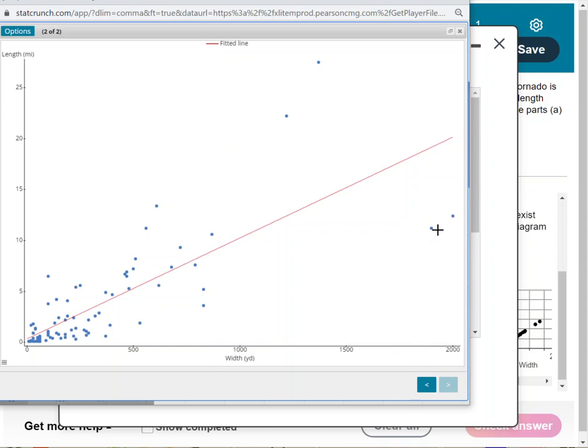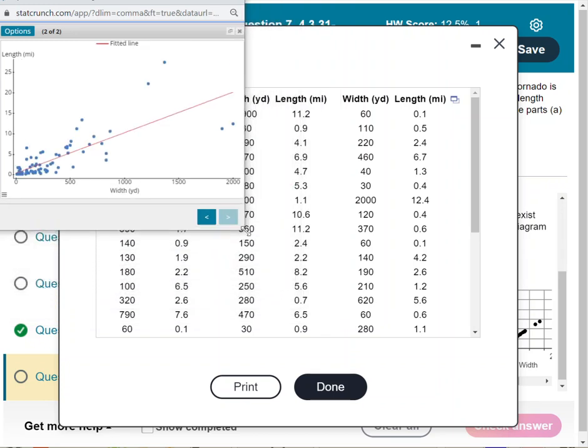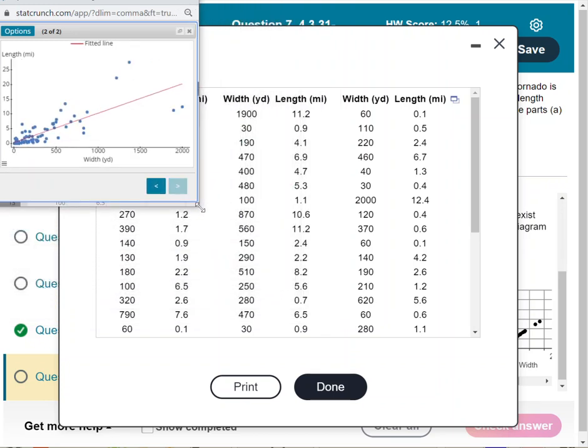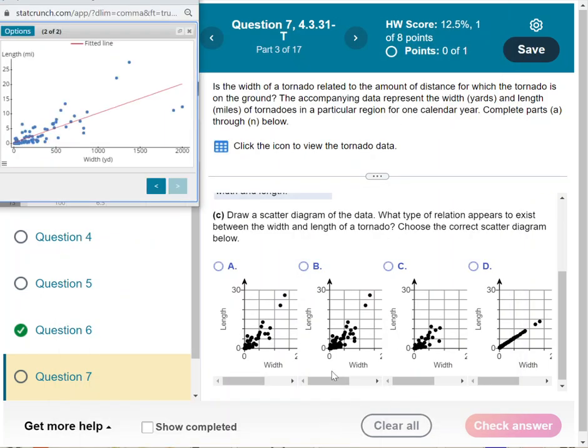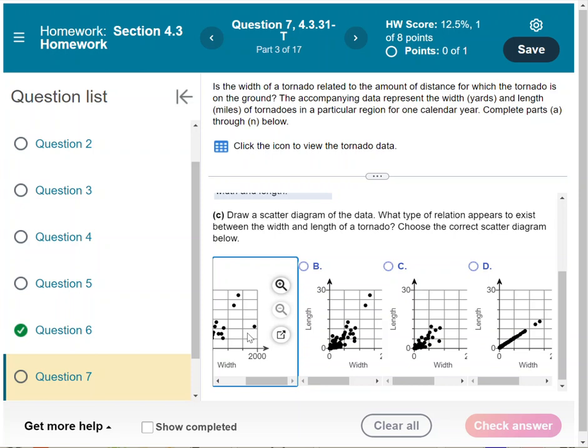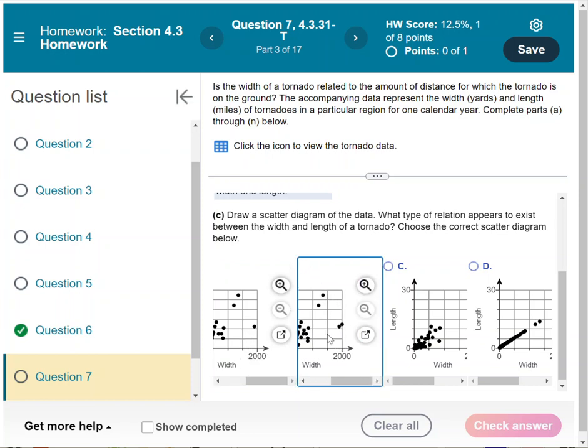And you can see we have some extreme values here and here. And let me make this a little smaller. And hopefully we can figure out which graph we're looking at here. Okay, so let's go to the right here. This one only has 1 point there. Let's look for the one that has 2.